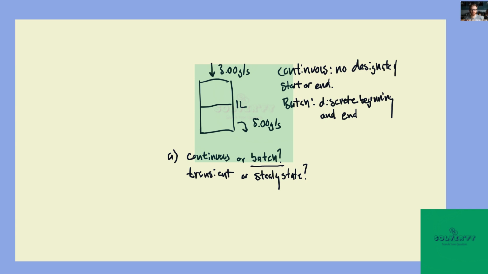That would be transient. Now, it's not always about water level. It can be about concentrations of reactants and whether they remain constant or change. But in this case, our only variable here is water level. And we know for a fact, again, by the fact that eventually the tank will drain, that property is transient. And so our process then is considered transient. We have a transient batch reaction.